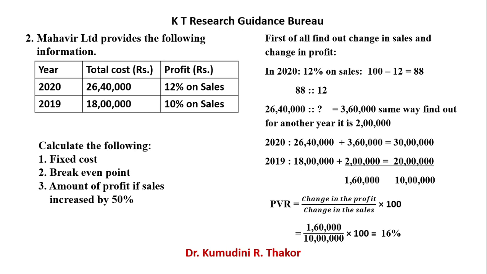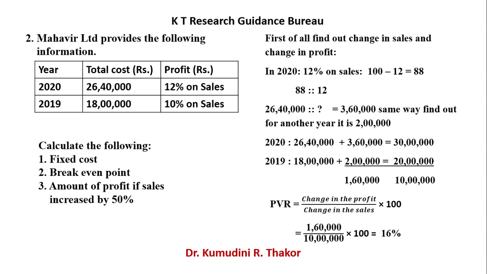100 minus 10 equal to 90. 90 equal to 10. Then how much for 18 lakhs? So your profit comes 2 lakhs. Now find out the difference of profit and sales.